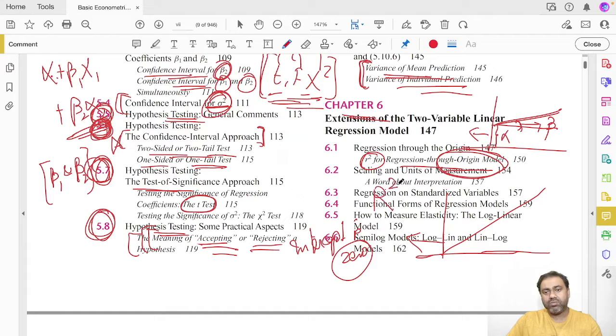So how is this value R square interpreted differently for non-origin models and for regression through origin? So this is 0. Okay. And the only difference between these two is, let's take an example of a consumption function, and let's say demand for cars.